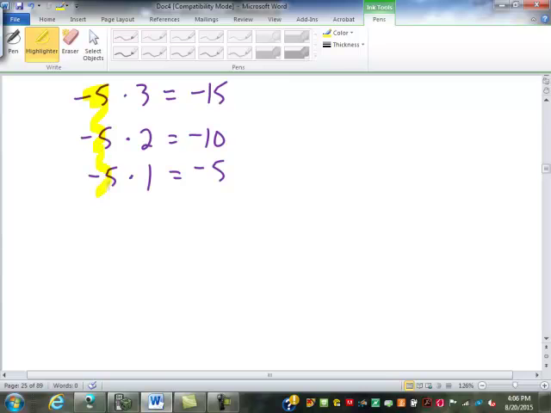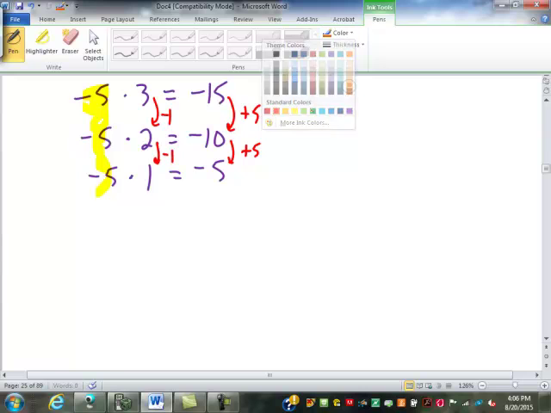We start with negative 5. If I decrease this number by 1, you can see it 3 down to 2, 2 down to 1. What happens to my answer? It goes up by 5, from negative 15 up to negative 10. Negative 10 up to negative 5. It increases by 5.